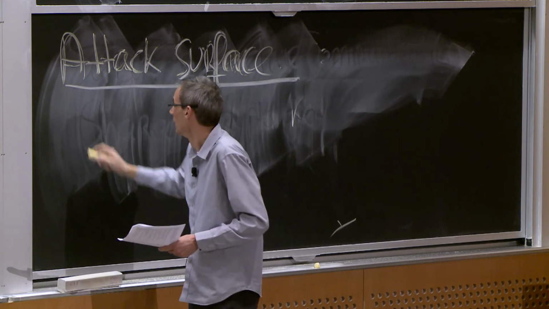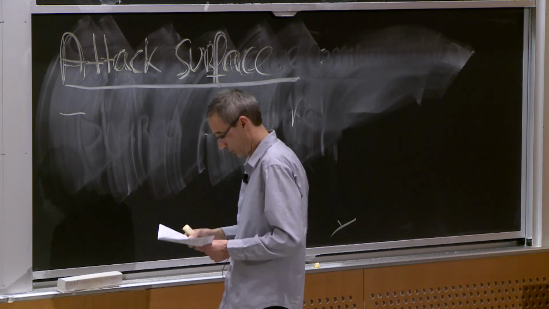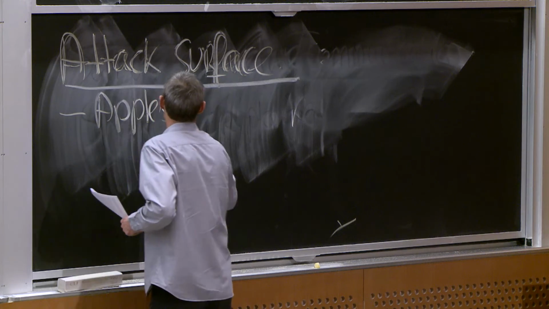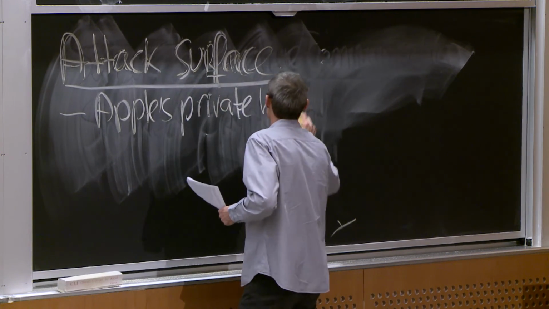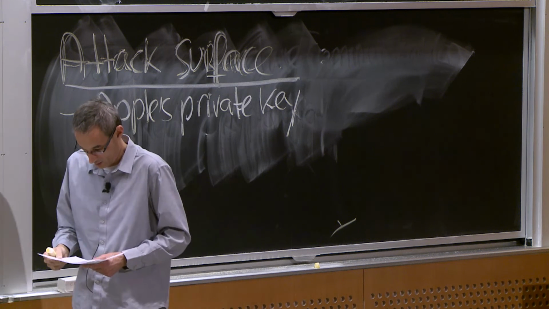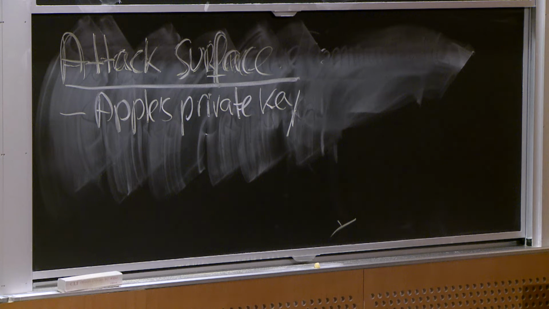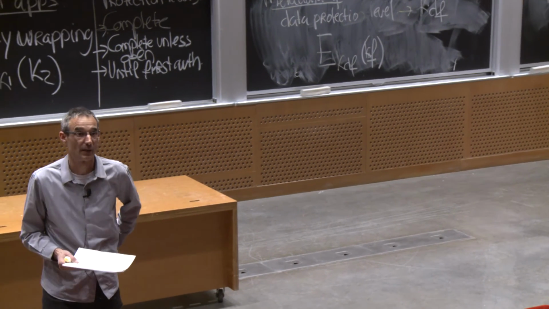Okay, so we already identified earlier one of the issues here, correct? Apple's private key. Any other remaining places? If you look at this design, you're an attacker, what are the places you could go after?